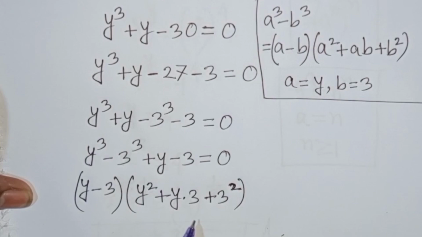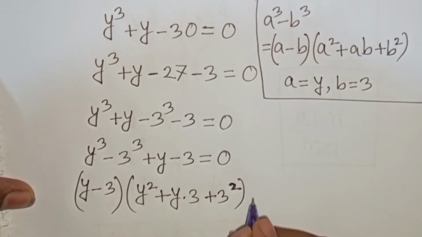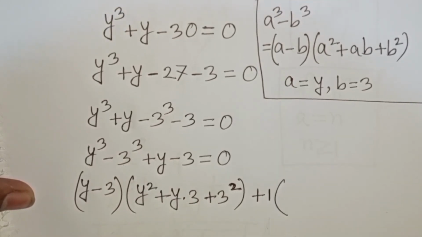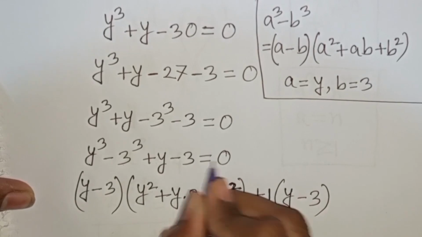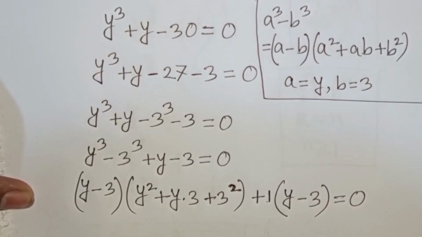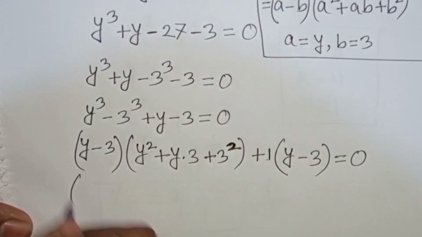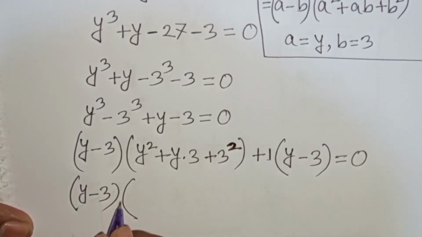That means this is the formula of a cube minus b cube. Then plus, here we take common, plus 1 is common, so plus 1 is out of the bracket, so this divided by this, that means it will be y minus 3 divided by plus 1, that means minus 3, then bracket close is equal to 0. Now we see y minus 3 is common, so take common y minus 3, so bracket y minus 3 is out of this bracket.